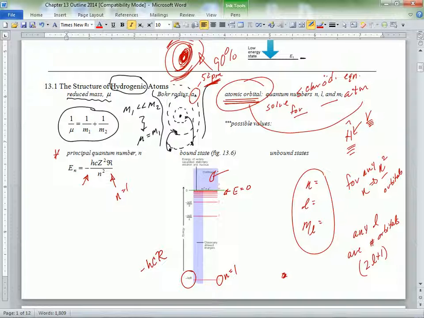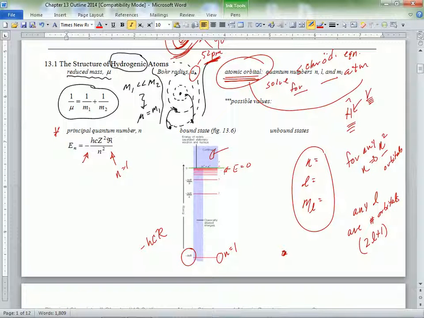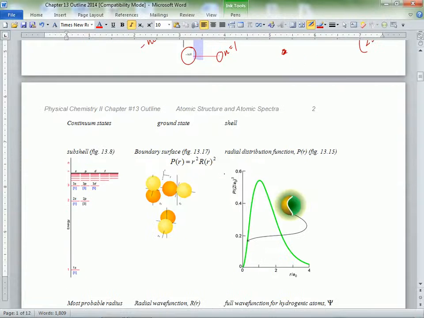Boundary conditions. If you don't have any boundary conditions, you can take on whatever energy you want. So that's true once you're ionized. You can't see any spectroscopy because there aren't any boundary conditions. So unbound states, that's the continuum they were talking about.